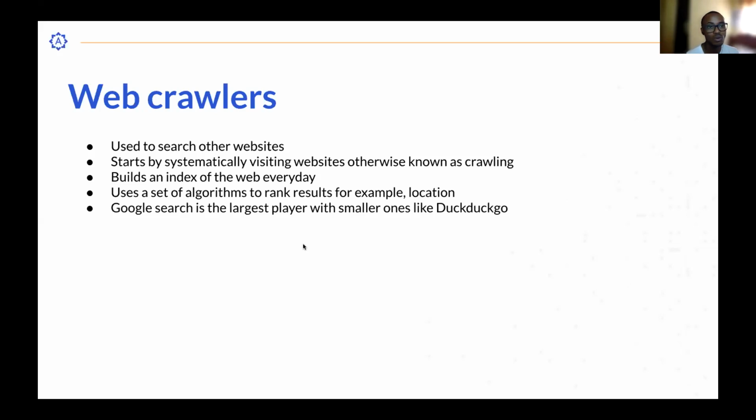If Google already knows certain information about you, some results might be tailored to your experience with Google, and DuckDuckGo says you do not need to do that. You can just provide a set of results that are independent of the person that searched for it. There's also Bing by Microsoft and Momo. You can do a search and see what you find on the web. Any questions on that?